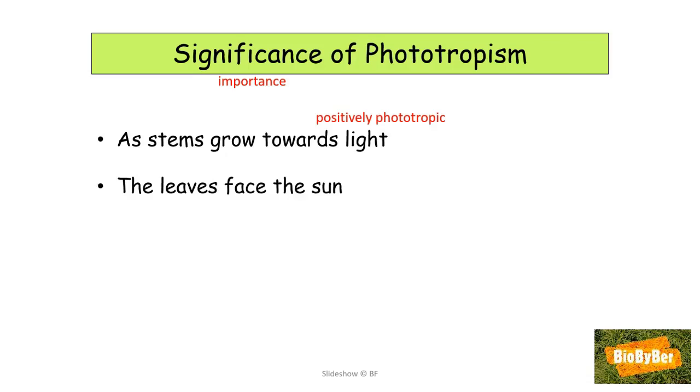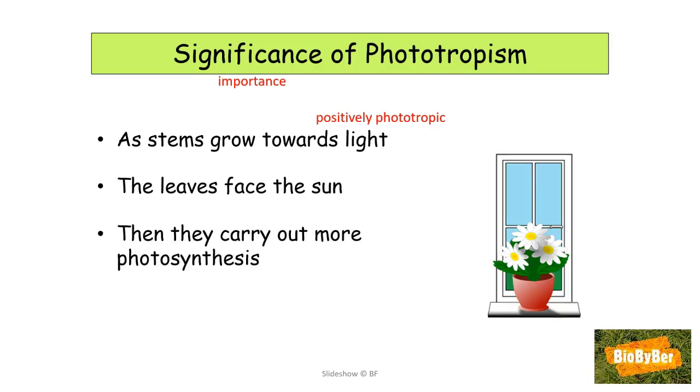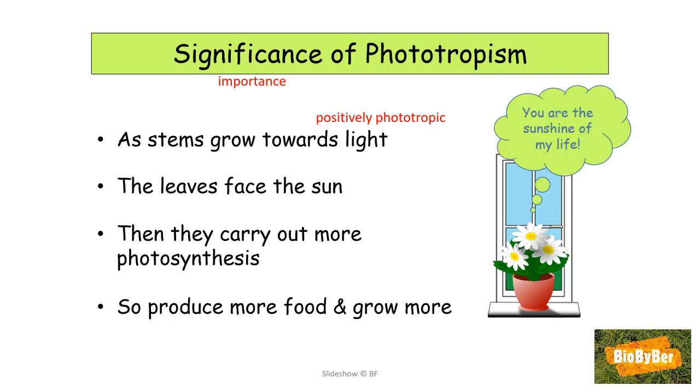Because the stems grow towards light, this means that the leaves will face the sun. Now, if the leaves are facing the sun, this means they will then carry out more photosynthesis. And if leaves carry out more photosynthesis, they will produce more food and they will grow more. And this is why phototropism is so important.